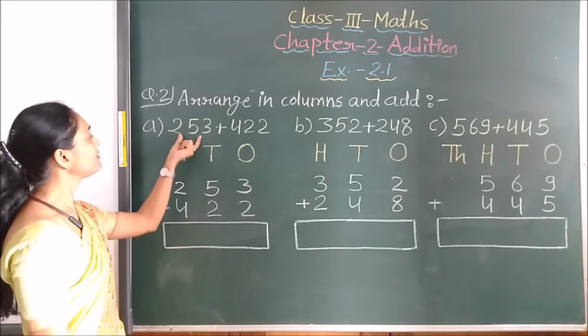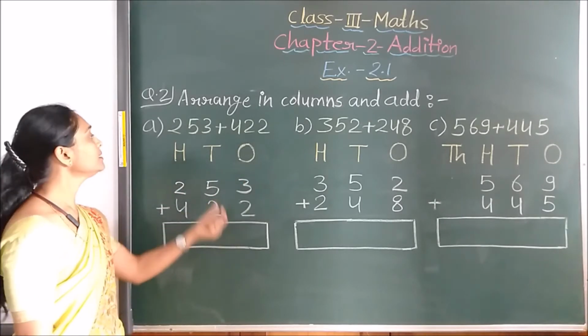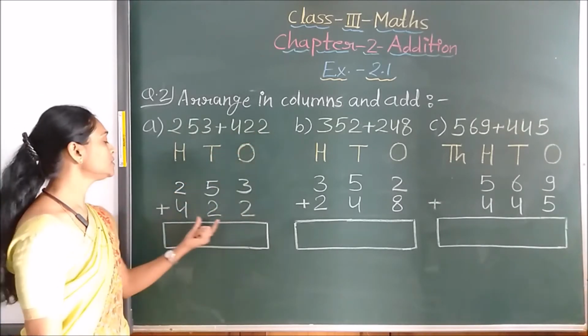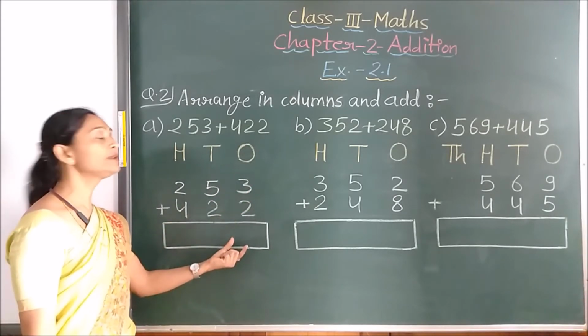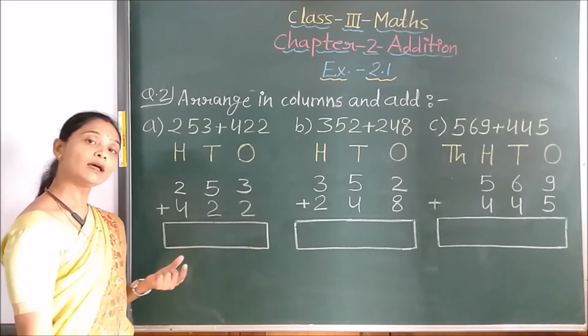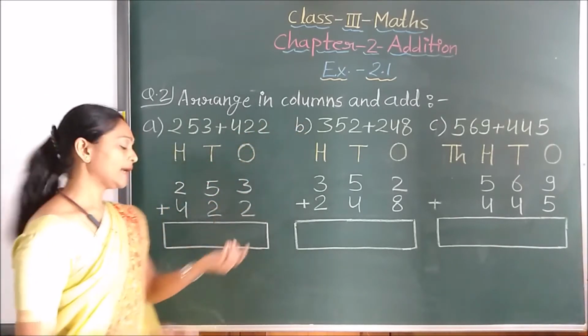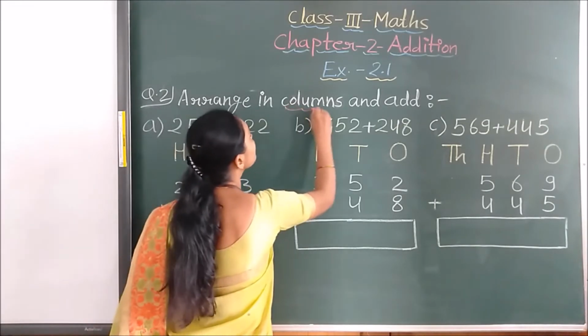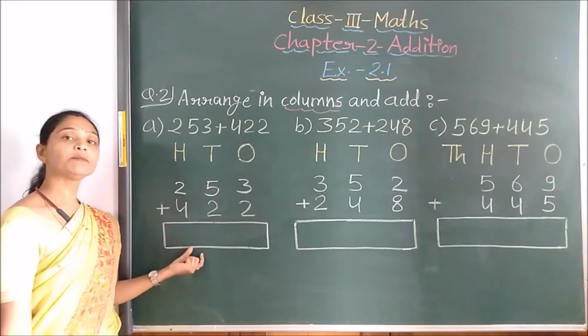So first we have arranged this 253 from the ones place, and then this 422. You have to do this arrangement very carefully, children. You have to arrange always from the ones place. So this way you will arrange in columns, and then we add as we did in question number 1.